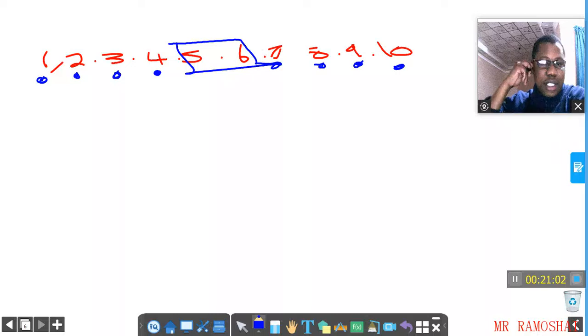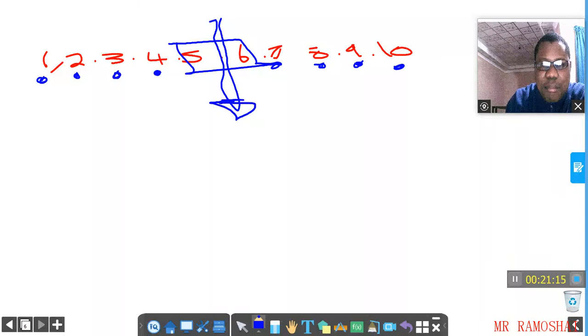Now listen to what I'm going to say. Between these two numbers there is no middle number. Between 5 and 6 there is no number that represents a middle number, but the middle number is between 5 and 6. Therefore 6 and 5 will help us to determine our middle number.